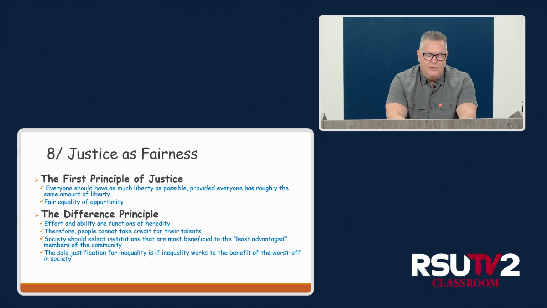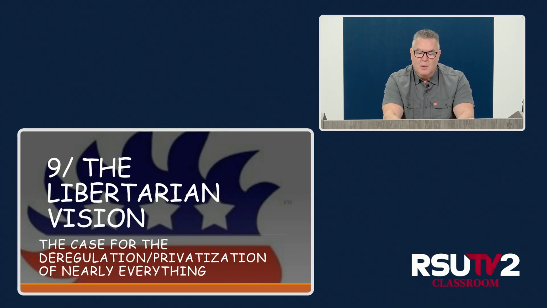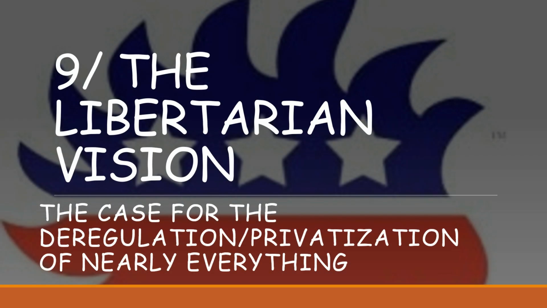Against this, you see the emergence of a classical vision of liberalism driven to its logical extreme. And this is libertarianism. It is basically making the argument for the deregulation and privatization of nearly everything.